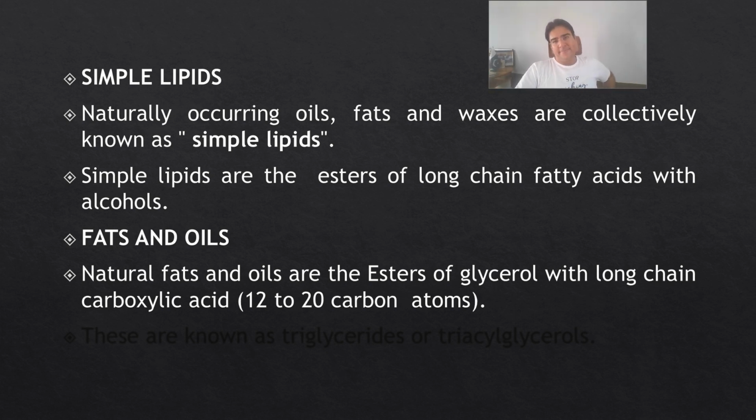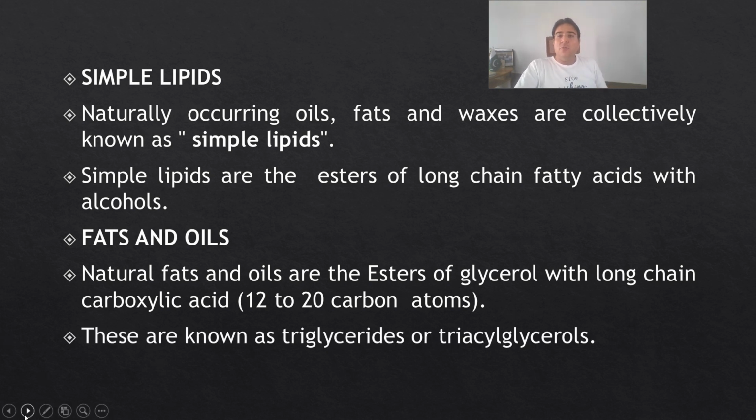Minimum 12. The stearic acid, the hexadecanoic, the palmitic acid, like those. And then in them there are double bond and single bond, like saturated, unsaturated. There is a further chemical classification. So now you know chemically what are fats and lipids.